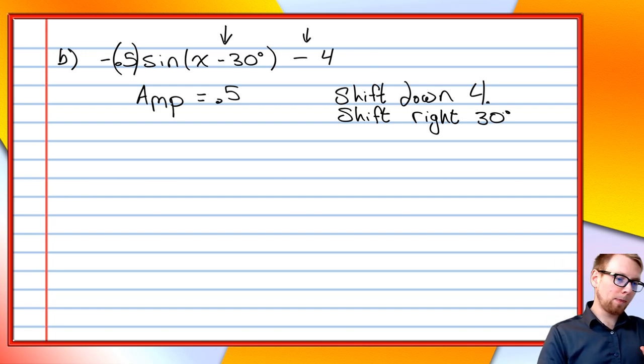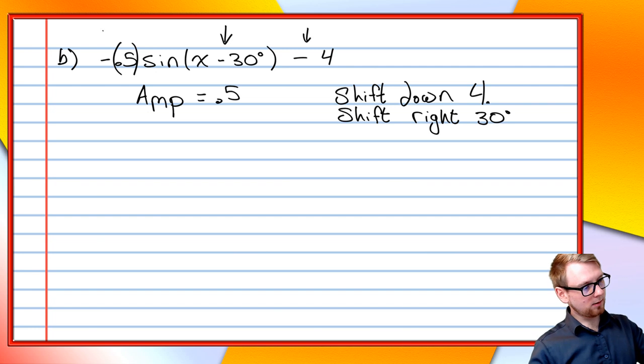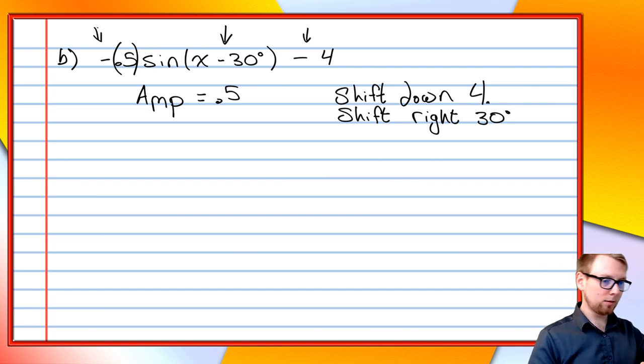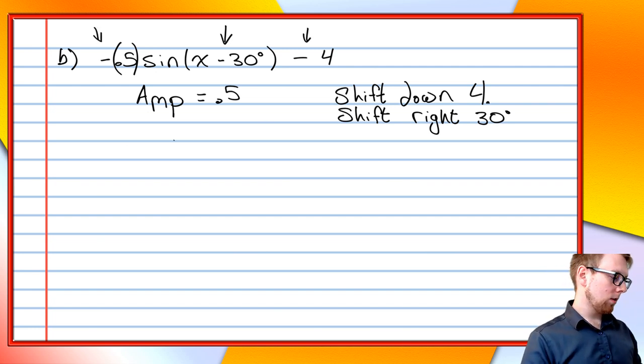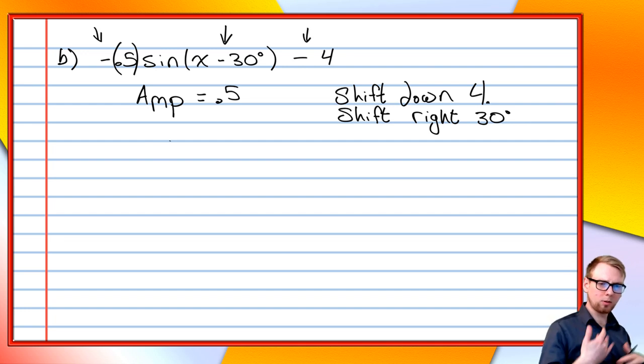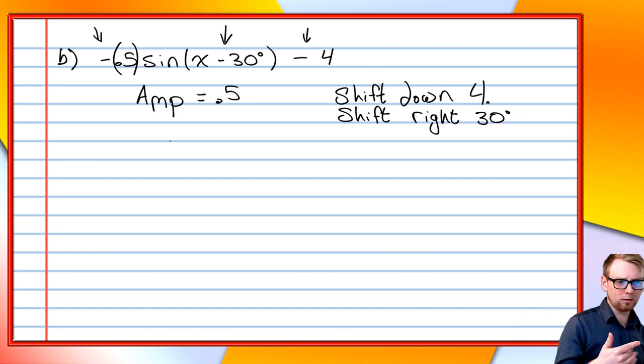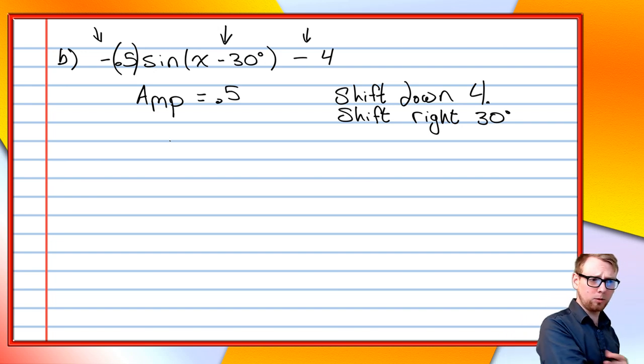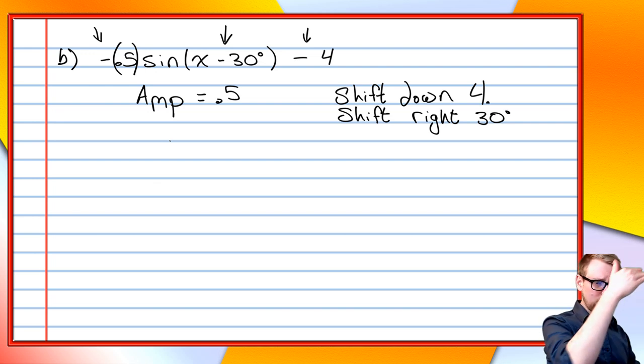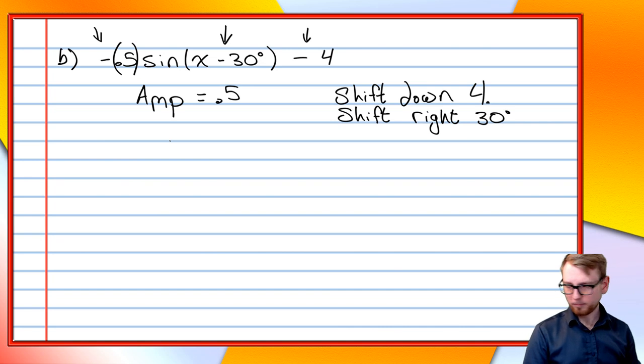Okay. Now the last thing is this minus sign in front. The minus sign in front means you're kind of swapping, right? For example, if you had 1 originally, when you multiply by a minus, you'll have minus 1. It's a reflection.